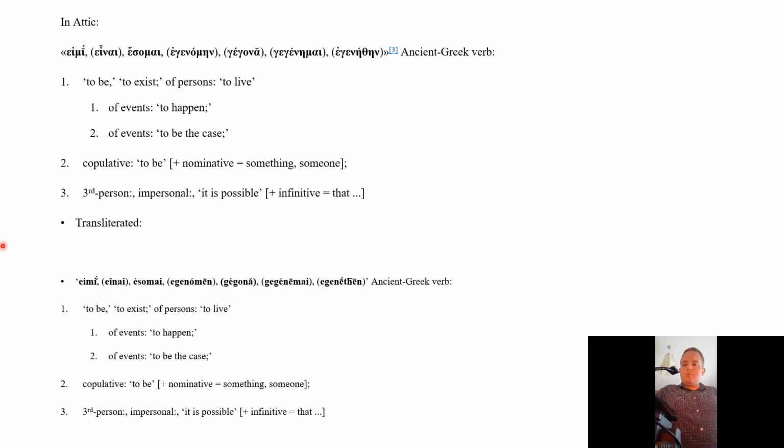Ancient Greek verb, to be, to exist, of persons, to live, of events, to happen, of events, to be the case, copulative, to be, plus nominative equals something, someone; third person, impersonal, it is possible, plus infinitive equals that.